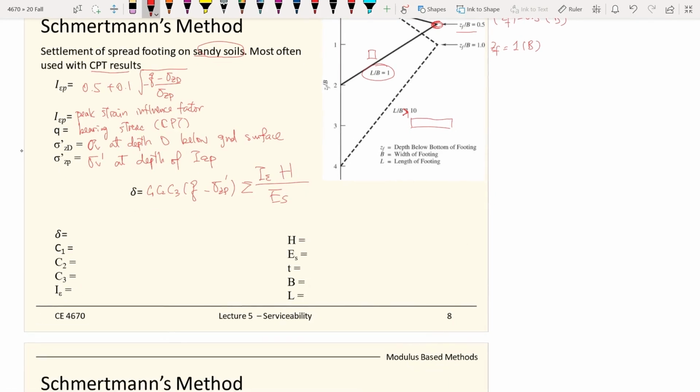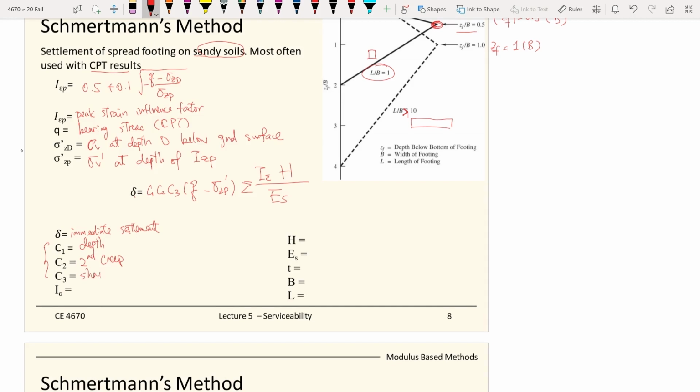So this term is the immediate settlement for sand, and then you have some correction factors like before. You have depth factors, you have long-term settlements as an issue, so there's a creep correction factor.